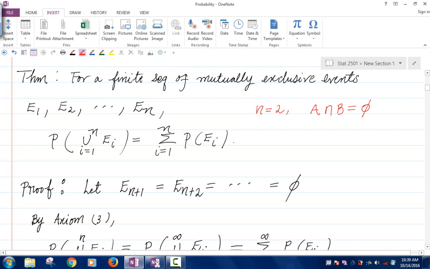Then the probability of A union B is the same as the probability of A plus the probability of B. If I have A union B union C, then the probability would be the probability of A plus the probability of B plus the probability of C, as long as A, B, C are mutually exclusive.